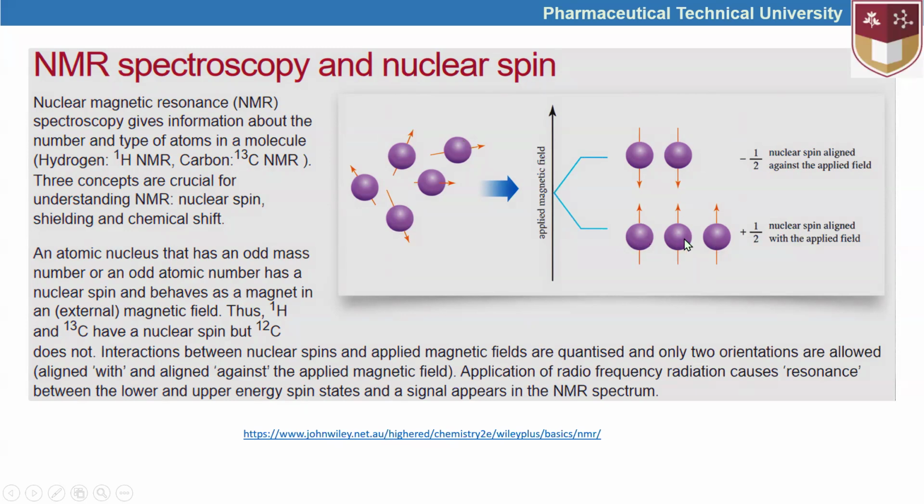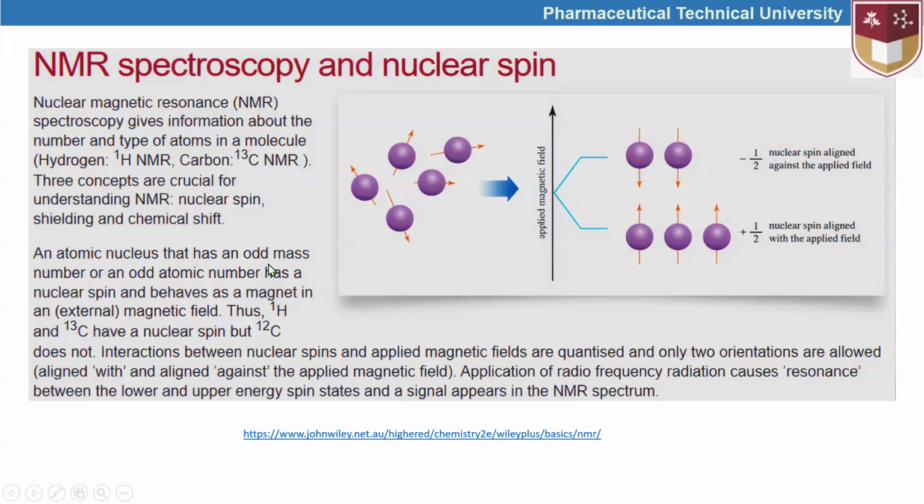Yeah, the ones with lower energy are aligned with the external magnetic field, and the ones with the higher energy, written with minus 1/2 spin, are aligned against the applied magnetic field. These are the points that can explain the resonance and NMR spectroscopy.